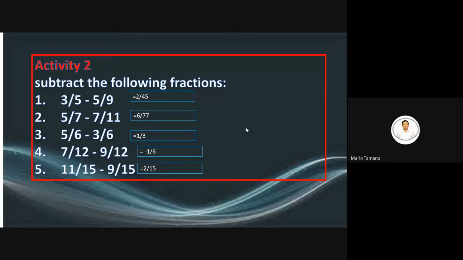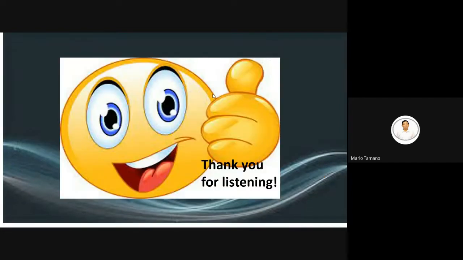And the second one is what we call finding the LCD, to rewrite all the given fractions to similar fractions. Then that's the time you're going to go back to the process of adding and subtracting similar fractions. Okay po? With that, maraming salamat po.